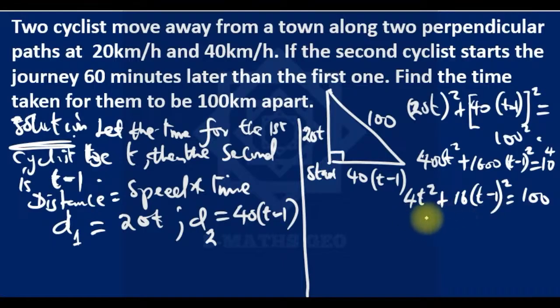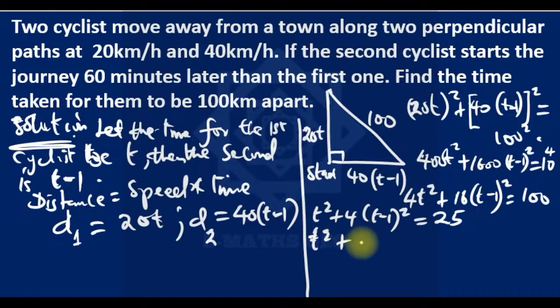Again, it seems something can still go. We can divide by 4. So dividing both sides by 4, I have t squared plus 4 times t minus 1 squared equal to 25. So I divided both sides by 4 after I have divided by 100. So we'll open up this. We have t squared plus 4t squared minus 2t plus 1 equal to 25.